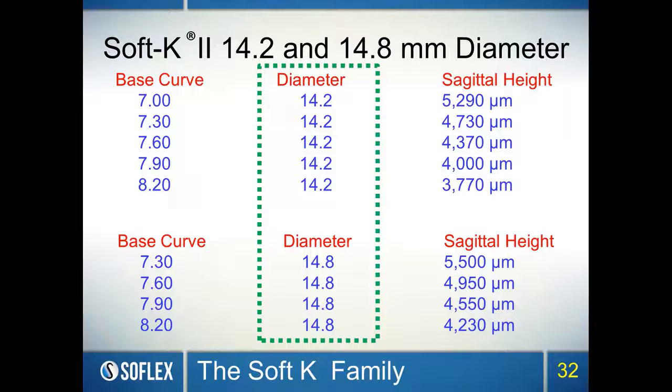We can see here that the 14.2 has 5 lenses in range, base curve 7.0 to 8.2 and sagittal height from 5290 to 3770 micron, and the 14.8 millimeter has only 4 lenses in range, base curve 7.3 to 8.2 and sagittal height from 5500 to 4230.